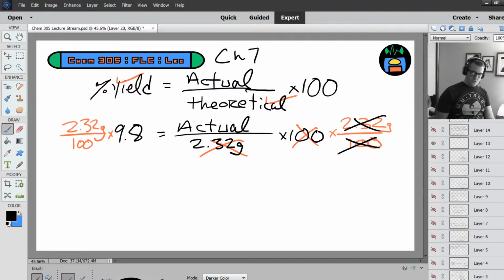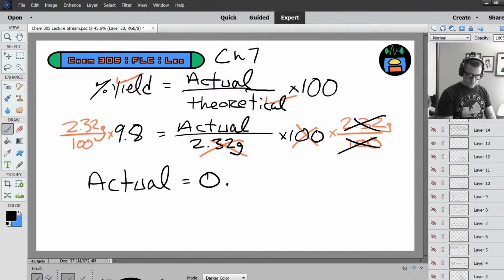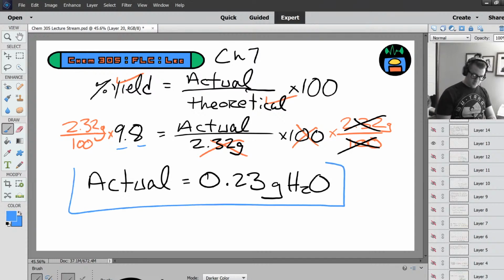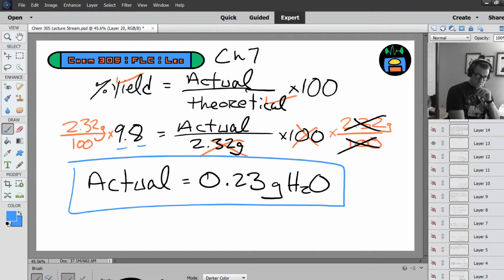Our mass and that 100 cancel on the right side of the equation. 2.32 times 9.8 divided by 100 gives us an actual yield of, let's see, we can only keep 2 sig figs because of our percent yield, so 0.23 grams of water are actually produced in this reaction.